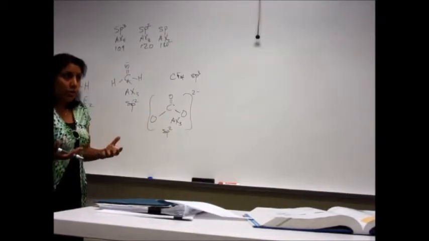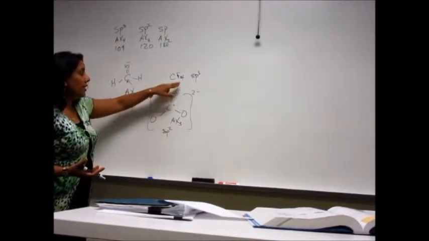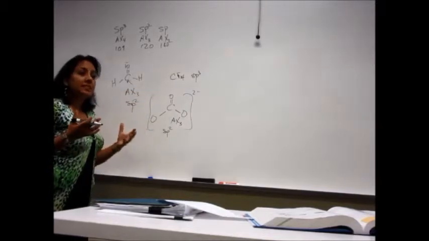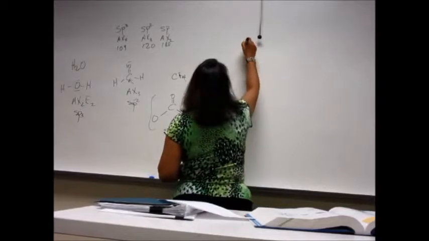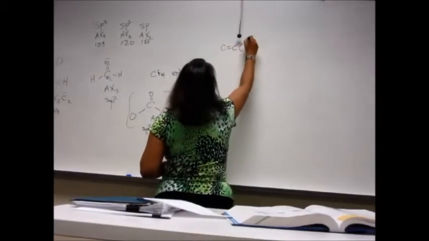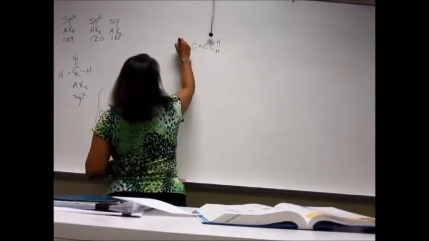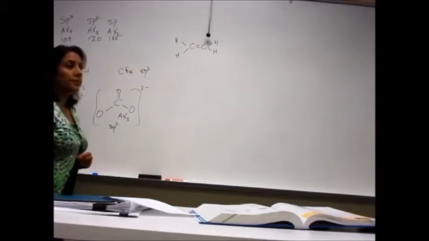With the SP2 carbon over here and then SP3 carbon here, it means that things are a little bit different. So I'm going to go ahead and take this molecule for you because this is easier to understand and see what's going on. It's the same kind of thing, except I've replaced oxygen with the CH2 there, with the carbon and 2 hydrogens.